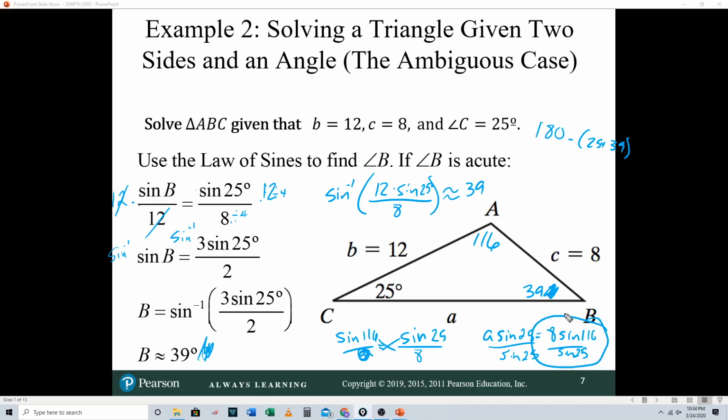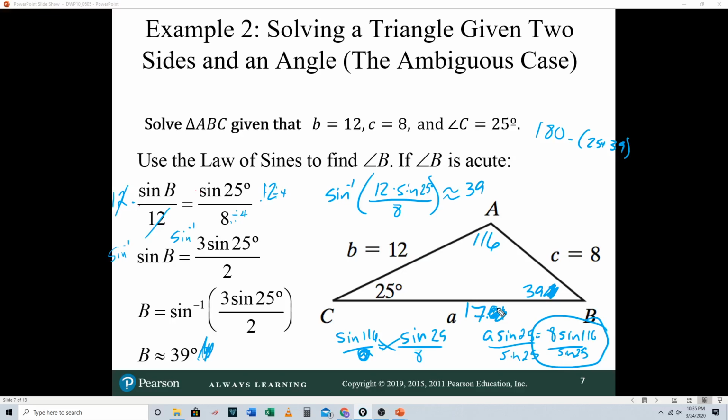So this is going to be your value for a, and that is going to be 8 sine of 116 over sine of 25, 17.01. Which again, it's the biggest angle, so it should be opposite the biggest side. Again, probably just 17 is fine, the way they're going with things.